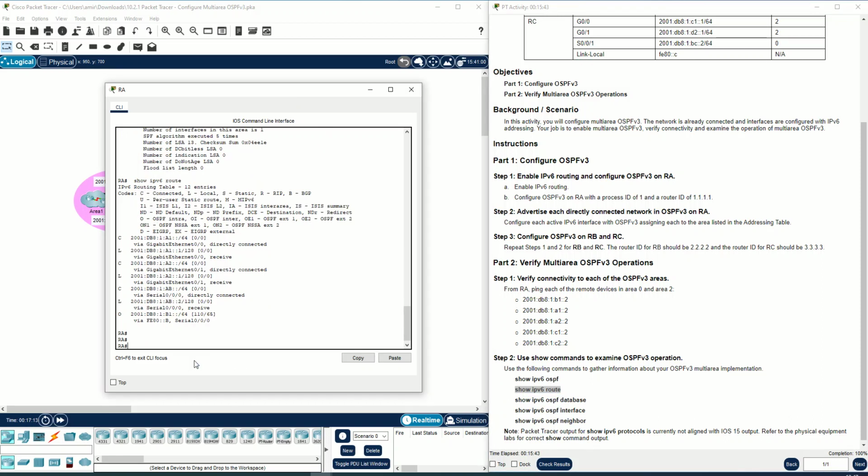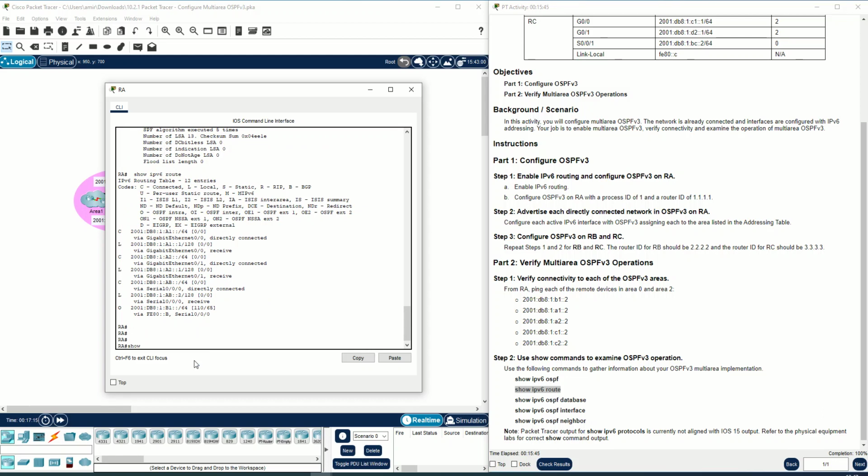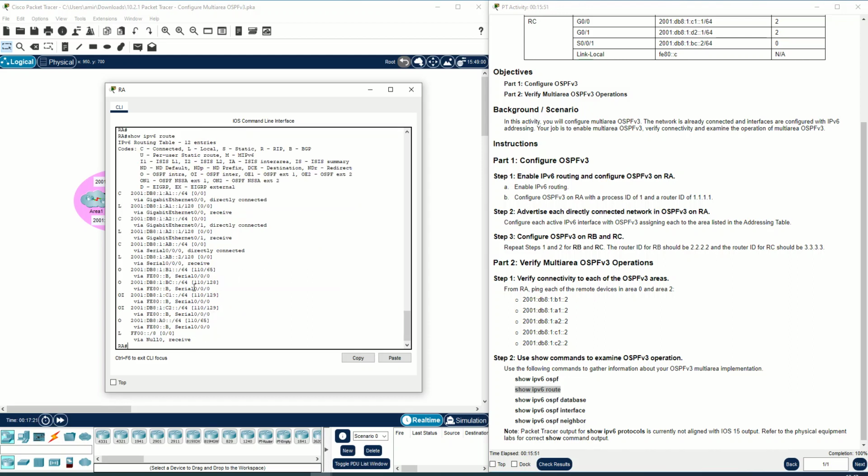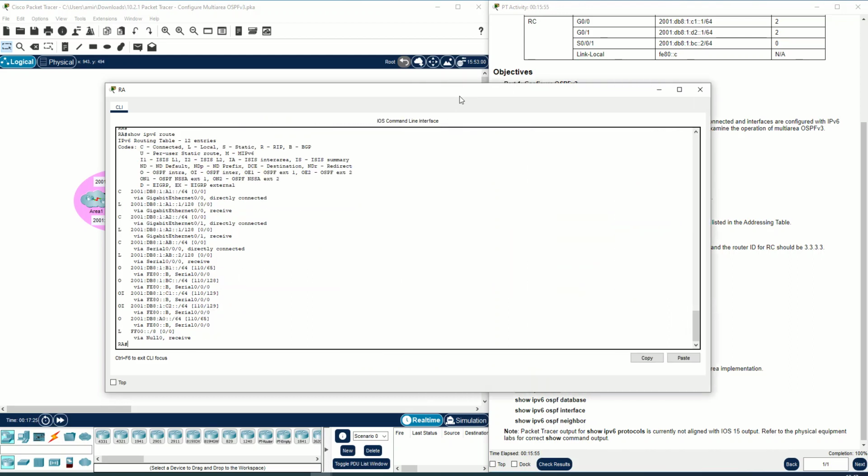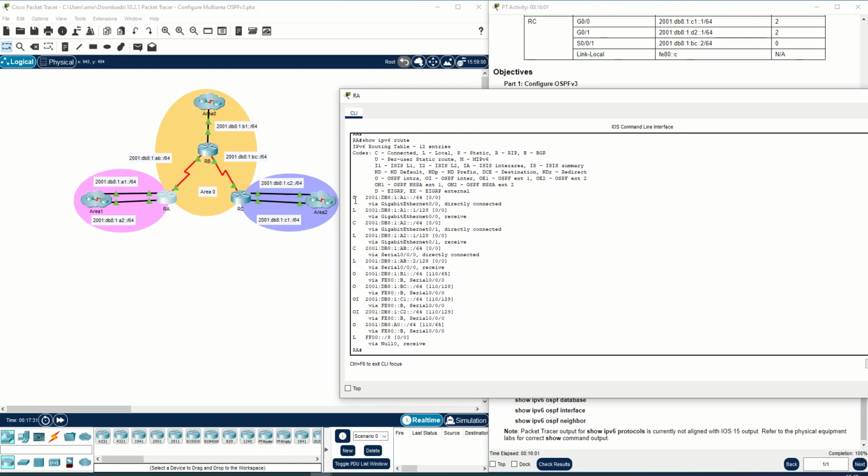We can also use this command here, show ipv6 route. We can see some information here. C means the interface's IP address is directly connected to us.